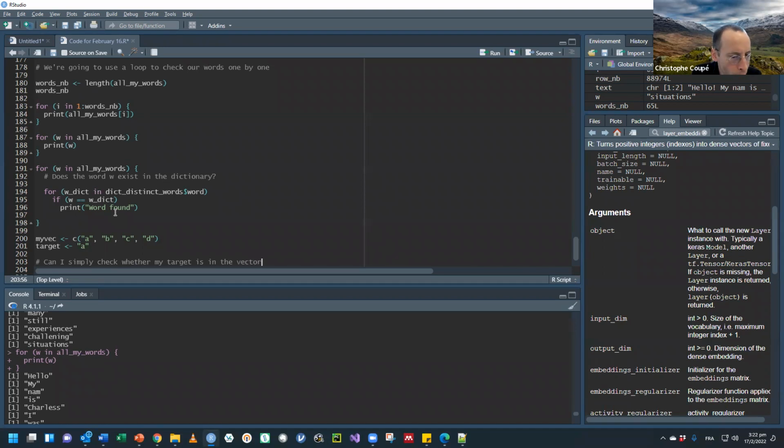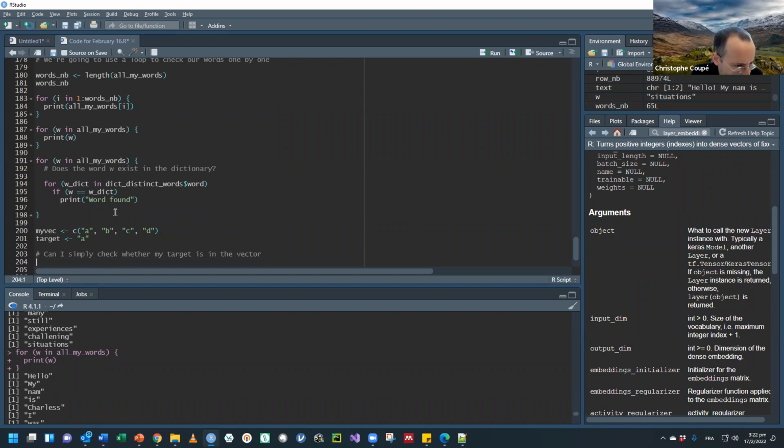So we can do a loop and do it one by one and try to find that. It's possible, but there is most of the time a better approach than a loop in R.